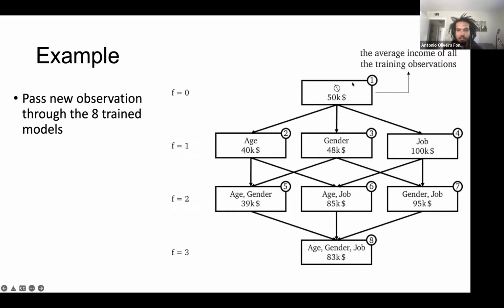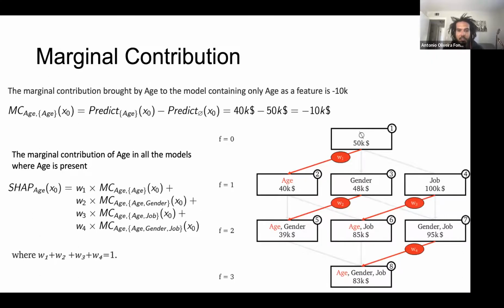Then if I add the gender, I decrease the salary by 2,000. But the job increased it by 100,000, okay? So let's see the impact of adding just age initially, and how age concatenates the information as we keep increasing the number of features that are analyzed simultaneously.